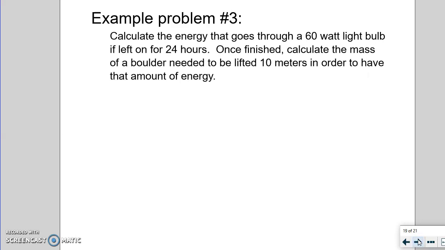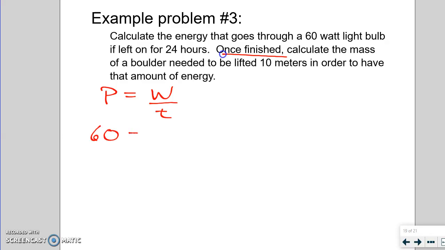Finally, we'll do one last problem here. Calculate the energy that goes through a 60-watt light bulb if left on for 24 hours. Once finished, well, let's come back. We'll cross that road when we get to it. So 60 watts. So power is watts. It's work over time. So 60 watts, that's a power.